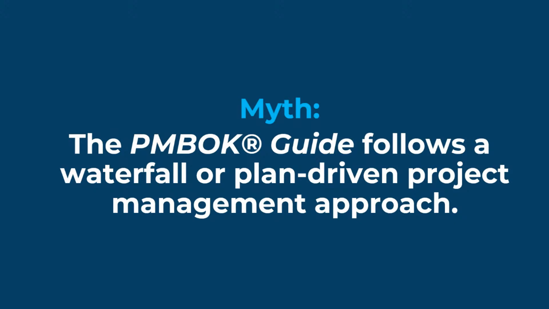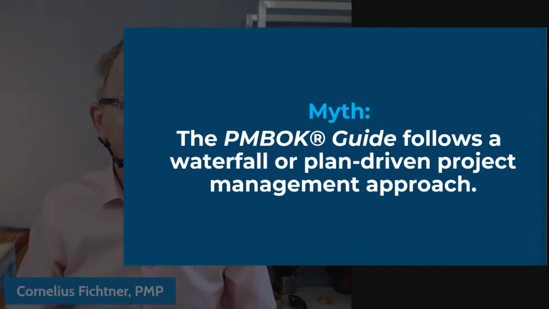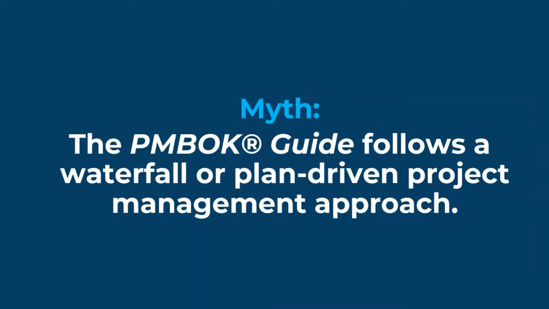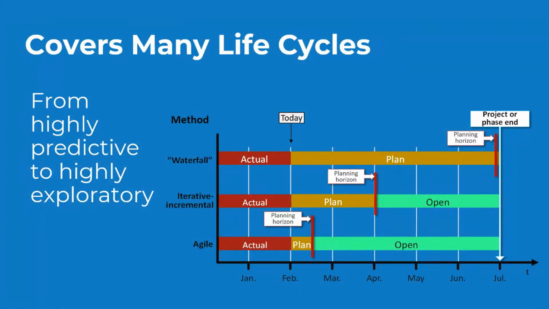Then we have another myth here, and that is the fact that the PMBOK guide follows a waterfall or plan-driven project management approach. Again, pretty correct for PMBOK guide 5th edition. That was plan-driven, that was waterfall-based. PMBOK 6 started to bring in the initial ideas for agile and other methodologies, and now PMBOK 7, I would say, covers many life cycles, right?